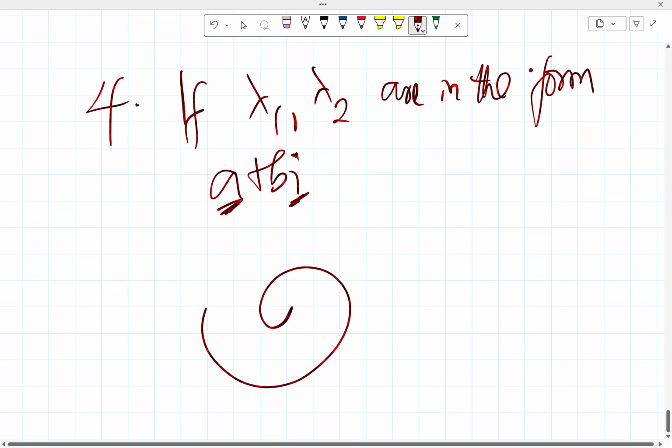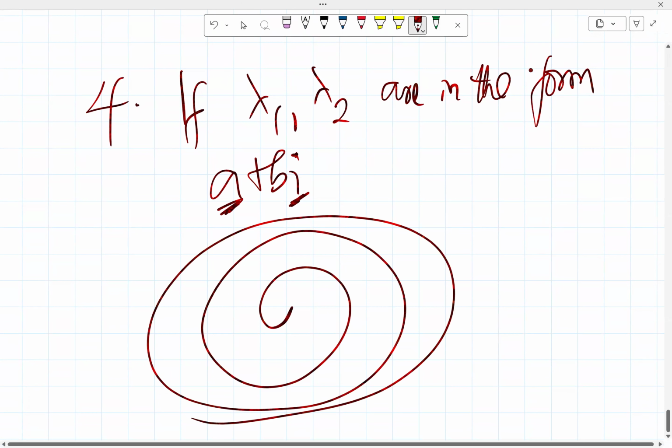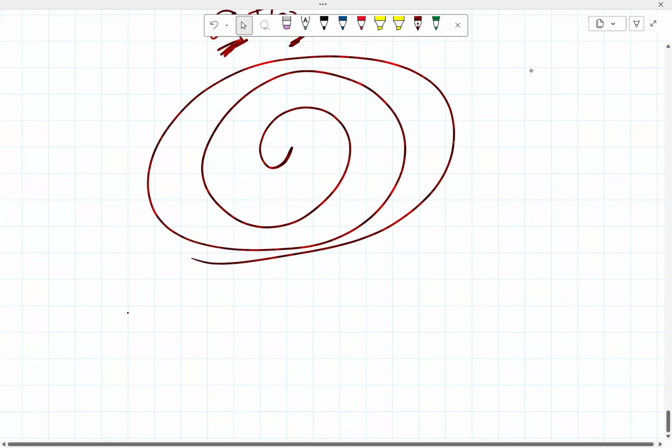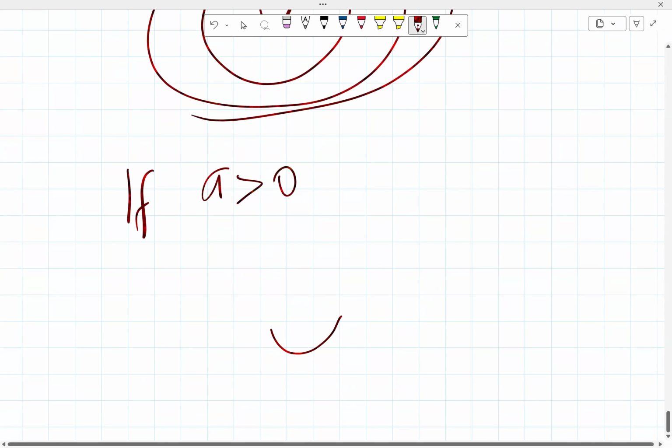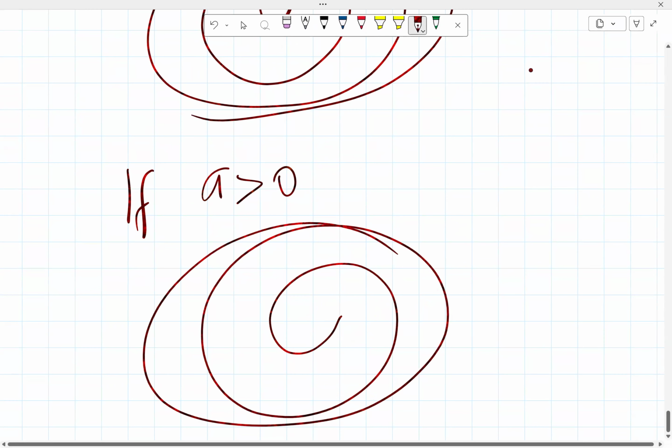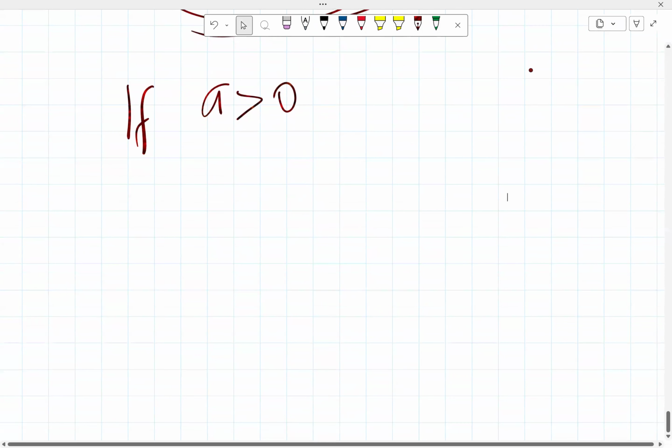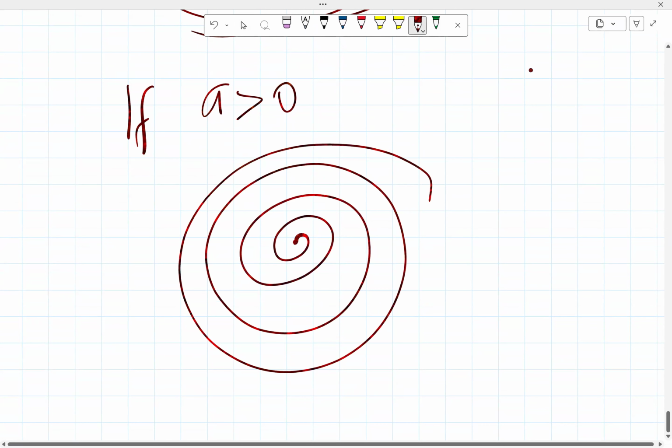But the direction the spiral goes will be determined by this A. So if A is greater than 0, you have a spiral that grows outward. Imagine this spiral now. You have the spiral growing outwards in that direction. The direction is what matters in this case. So the spiral is growing outwards.